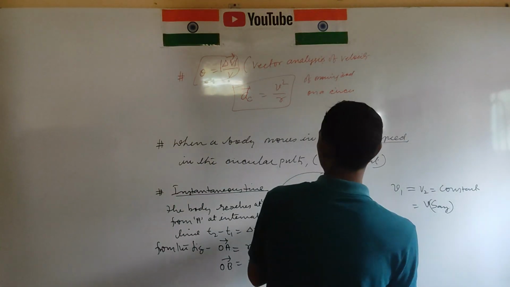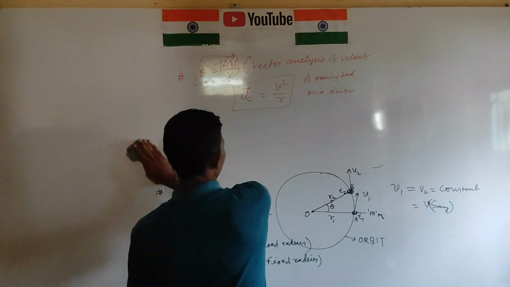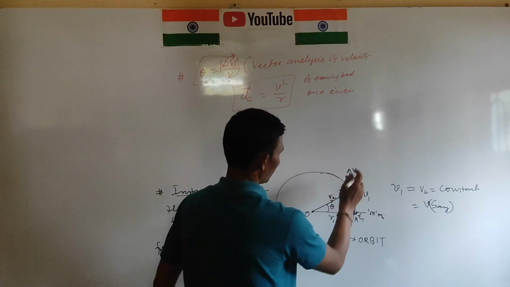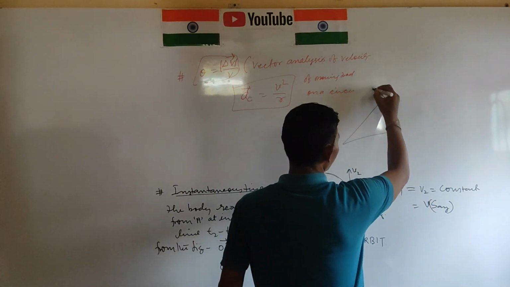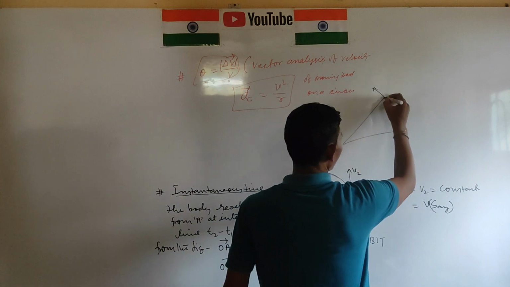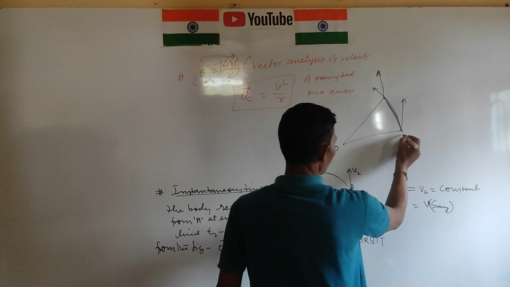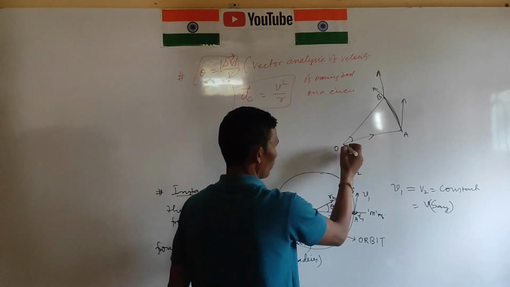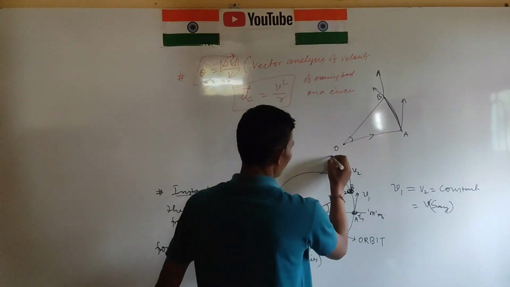Suppose, from the figure, the body is moving in this direction, this is the distance. This is O, this is A, this is B. This is the frame of reference.